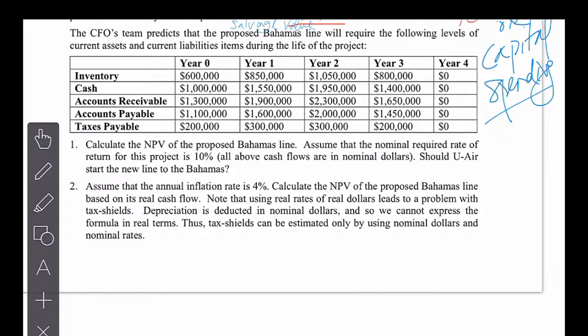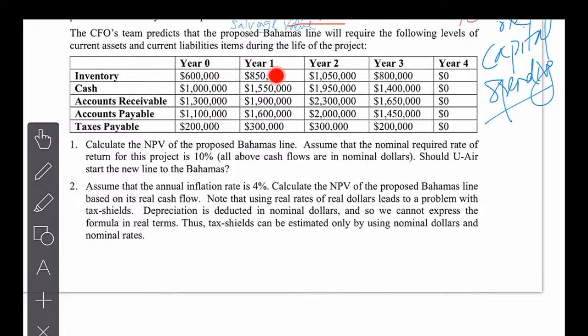So the airline needs inventory. I guess they have supplies. They have things that they need, right? Up front, they have to have $600,000 worth of inventory. So supplies to clean, everything to replace broken things on the plane, to provide service.